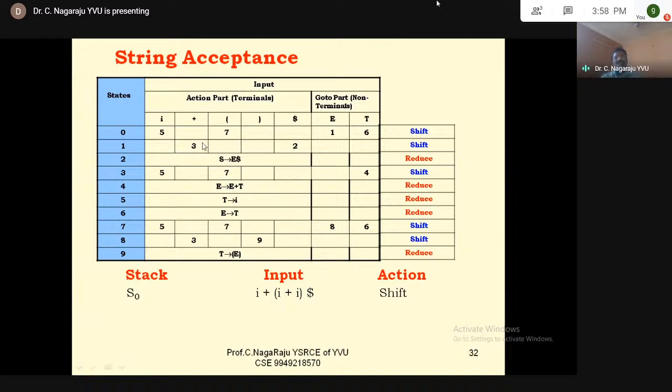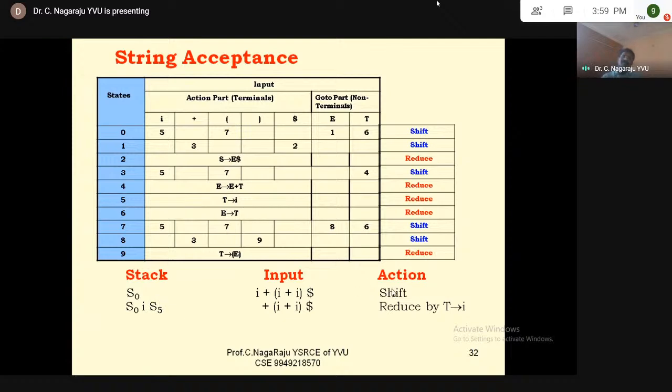Then we push, that is, shift these symbols onto the stack. What do we have to push? The I value and the next state. What is the state? That is I5. I5 state is pushed onto the stack.